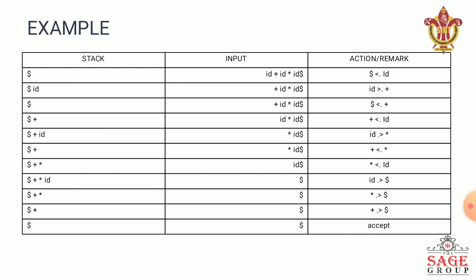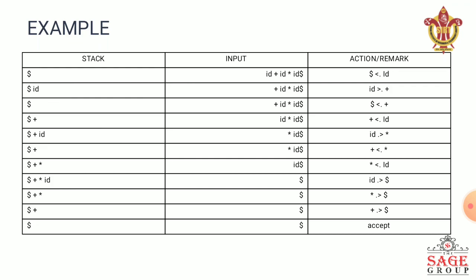Firstly, in the stack we push dollar, and in the input we use our input string followed by the dollar symbol. So firstly we look in the precedence table at the row of the stack value and the column of the input symbol. For dollar versus id we found the less than symbol.